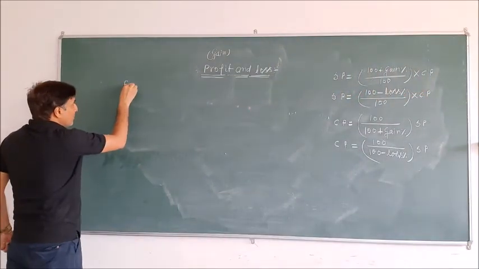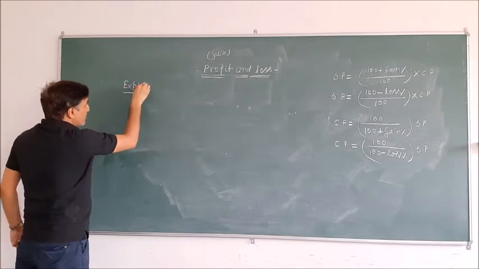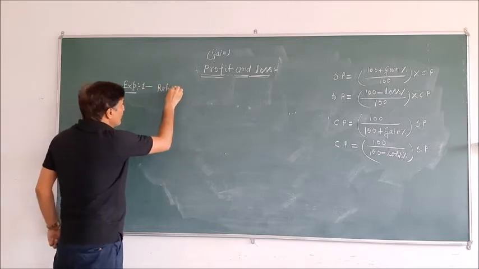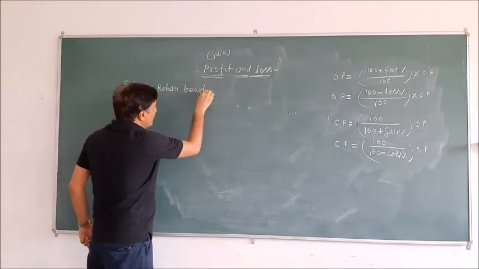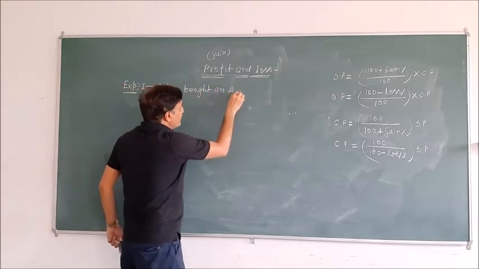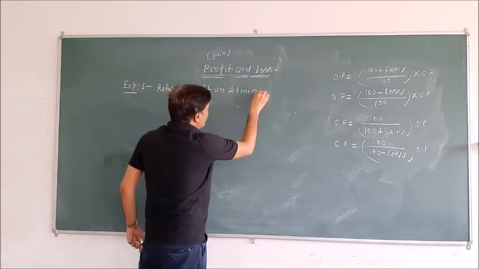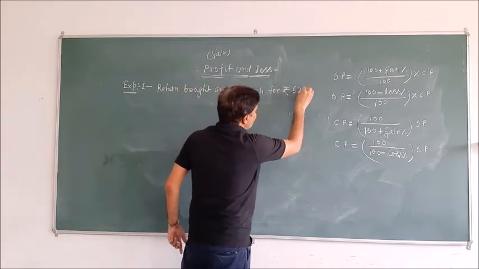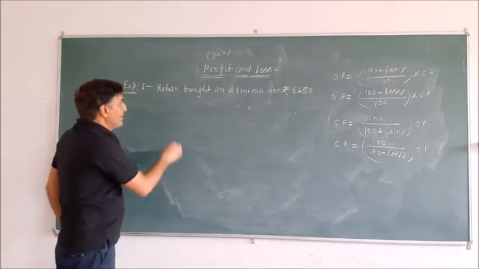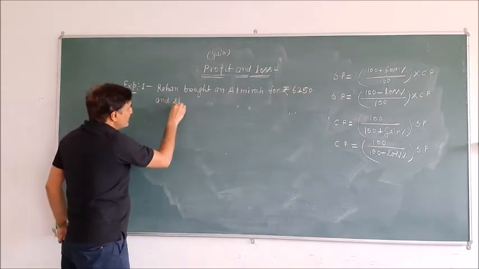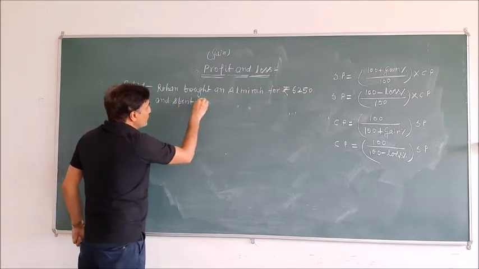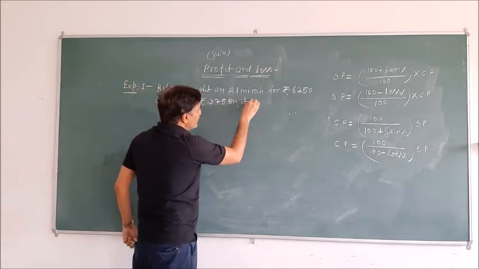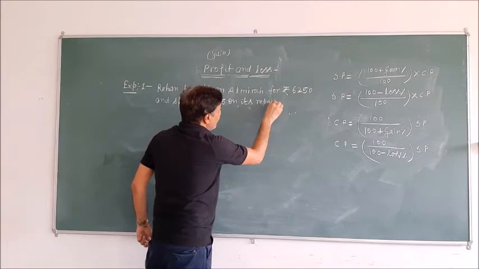Example 1. Rohan bought an almirah for rupees 6,250 and spent rupees 375 on its repair.